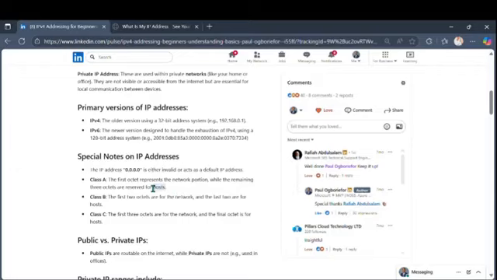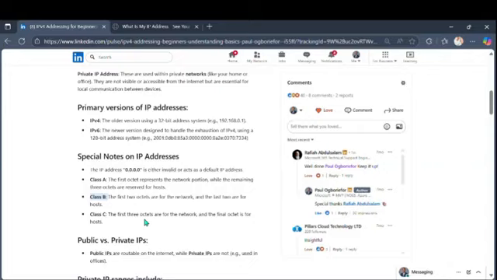I will explain what we mean by host and what we mean by network. Then the class B, the first 2 octets are for the network, and the last 2 octets are for the host. Then for class C, the first 3 octets are for the network, and the final octet is for the host.